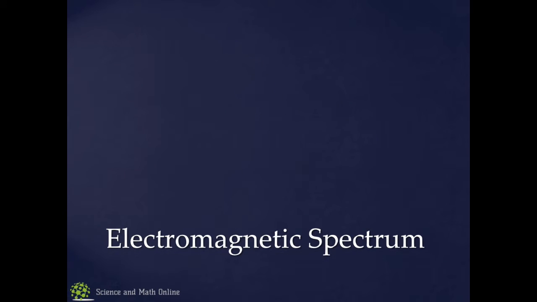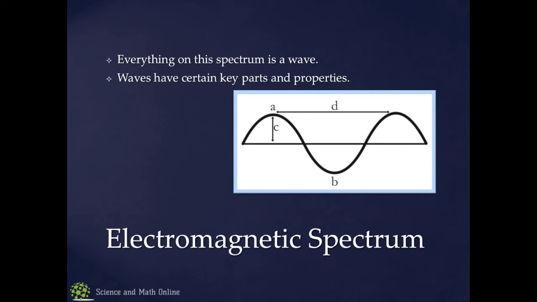And so we need to discuss the parts of a wave. Waves have key parts that we need to be able to identify and key properties you need to understand. So A, the top there, is called the crest. B is the trough.